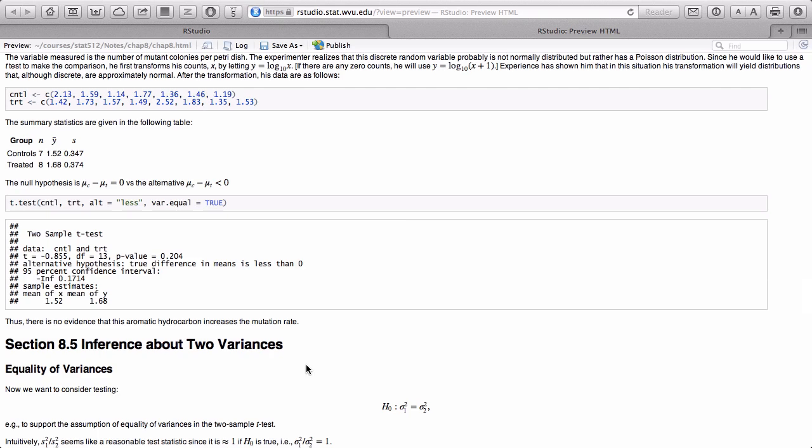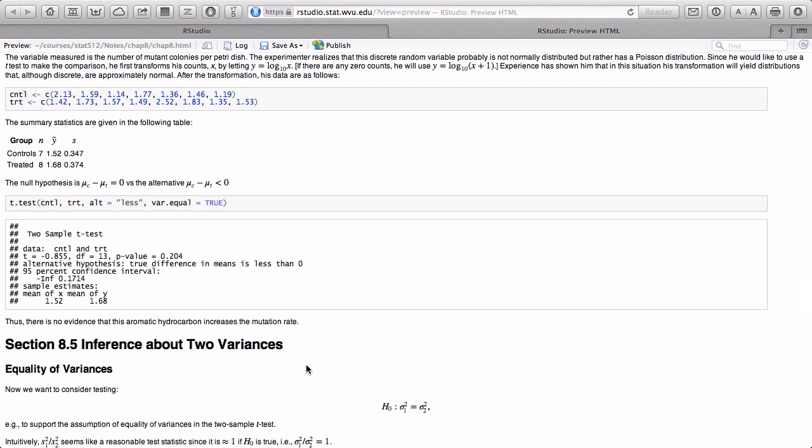But the idea is that if N1 is bigger than N2, then S1 squared has more information as an estimate of sigma squared than S2 squared does, and I give it more weight. That's sort of the idea. And that weighting is done by the degrees of freedom. So that's what we're doing here. And you can look in the book for the formula for what's called pooling the variances.